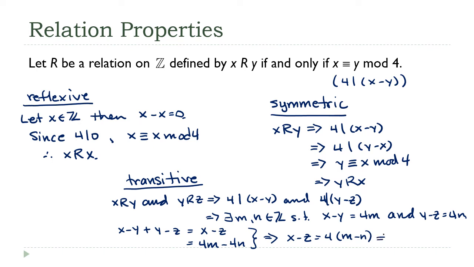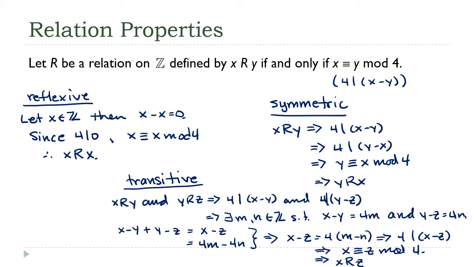Excellent. So 4 divides X minus Z, which means X is congruent to Z mod 4. And that's what we needed to show. One more step. Therefore, X is related to Z, which is what we needed to show.